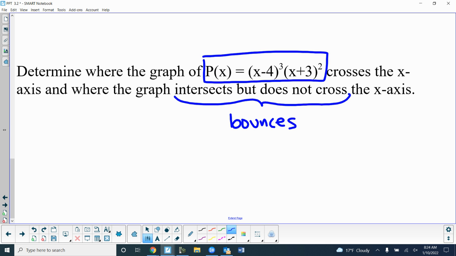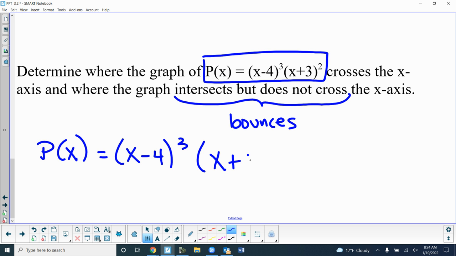Well, when you have a polynomial in factored form like this one, what's the zero? What makes that 0? 4, right? What makes this 0? We've done that lots of times.